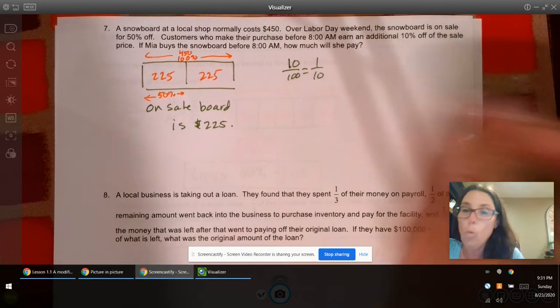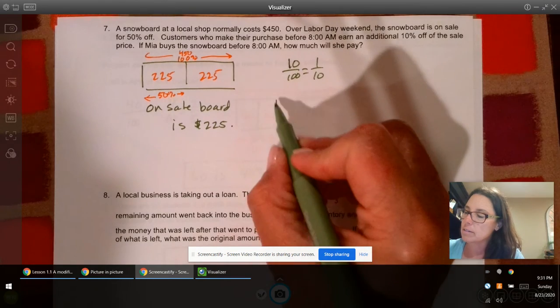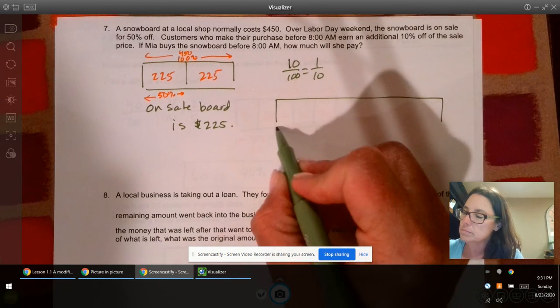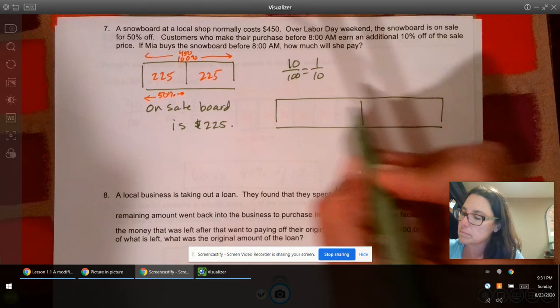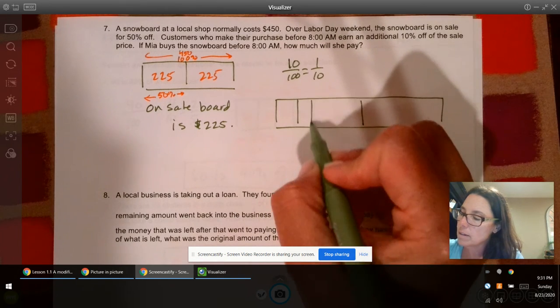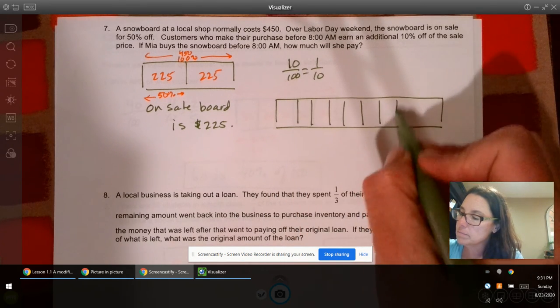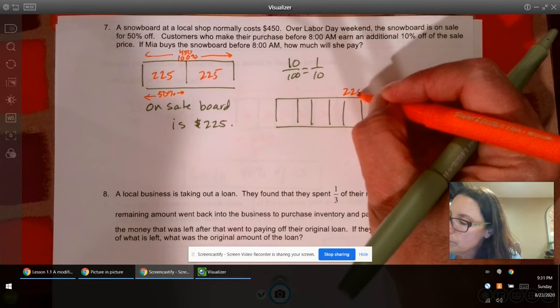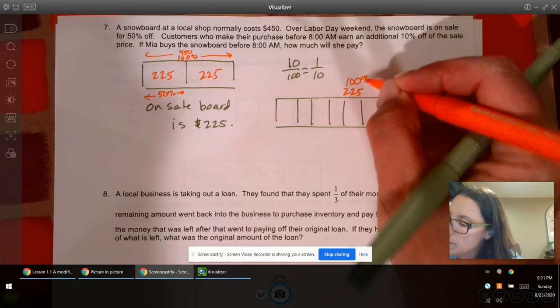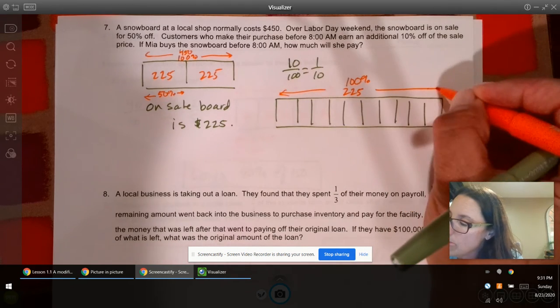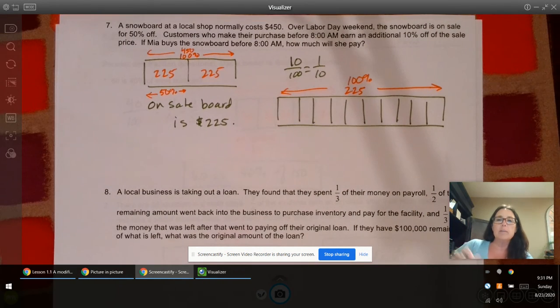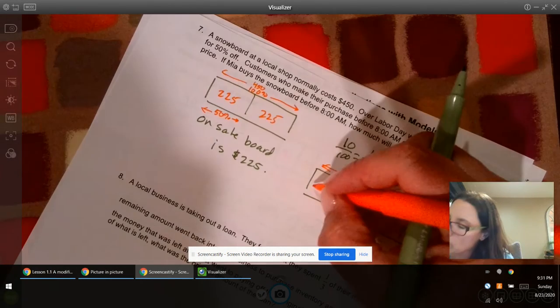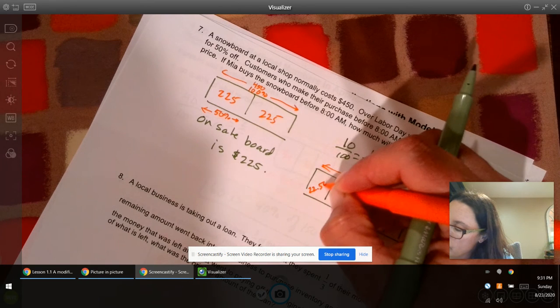10%. One box of 10. So 225 is 100%. 225 divided by 10 is a magic number of $22.50.